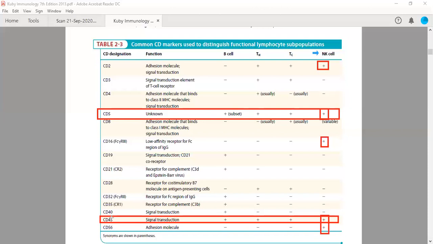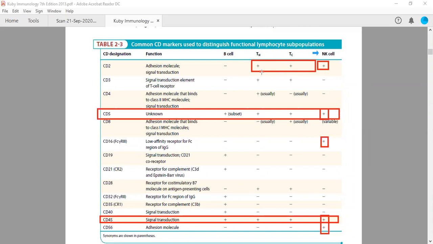One is CD5, one is CD45. Now, what are the differences from the B and T cells? How are these natural killer cells identified? So actually, they have this, and this CD2 molecule is also present over T lymphocytes. It is not present over B lymphocytes, but it is present over T lymphocytes. Therefore, we can also remove this one.